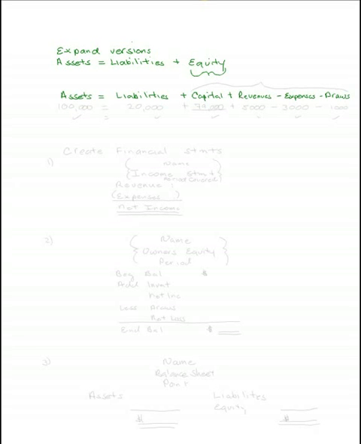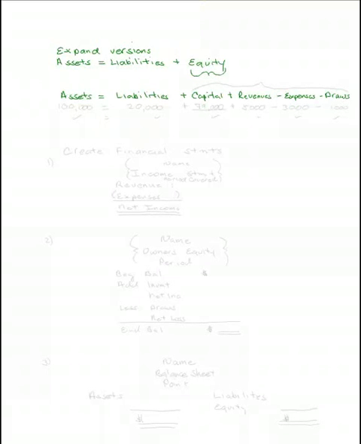And these are the accounts that we work with for the remainder of Accounting 1110. Assets, things that you own. Liabilities, things that you owe. Capital, the amount of money that the owner has currently invested in the business and a place to record additional investments by the owner. Revenues.